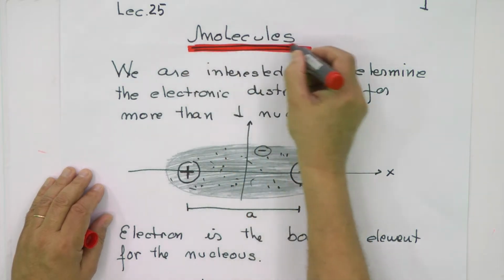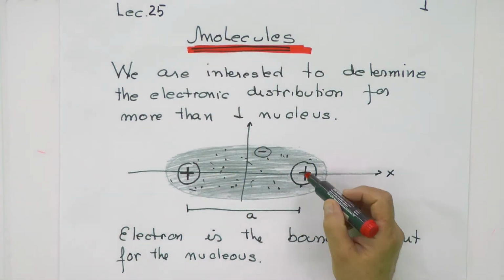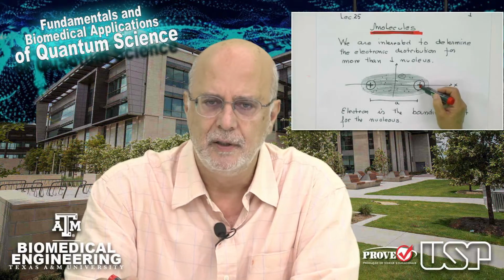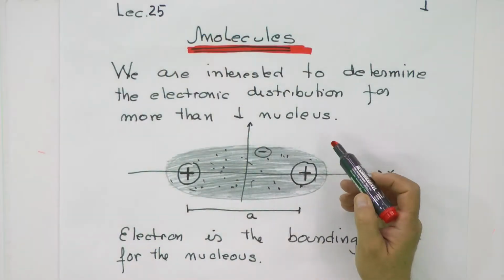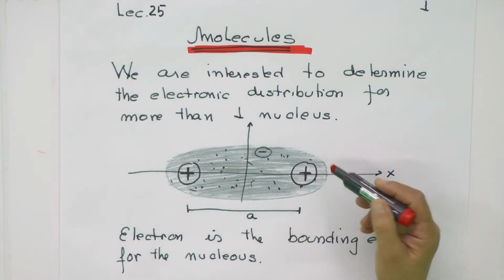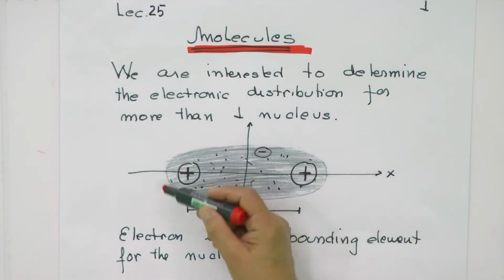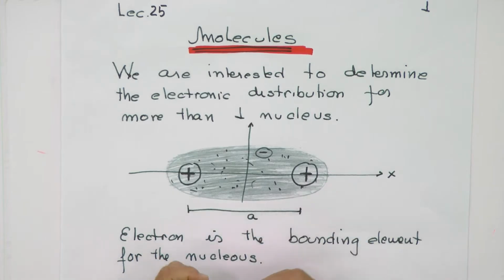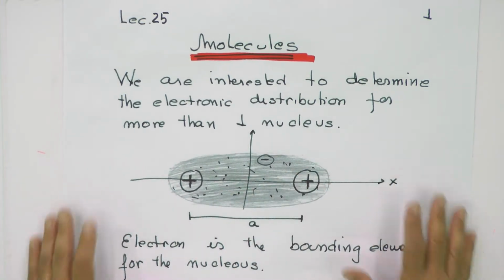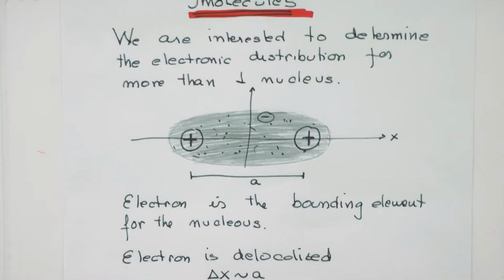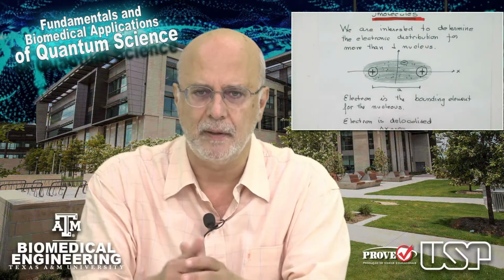So the molecule is a situation where many of those centers of force, which are positive charges, are together, and they are surrounded by an electron cloud. The electron cloud actually distributes among the nuclei, the distance between them and the space between them.